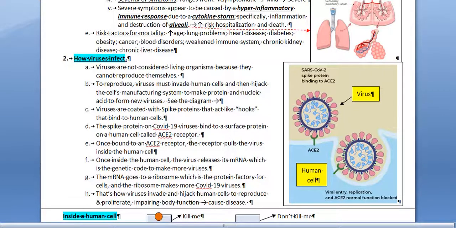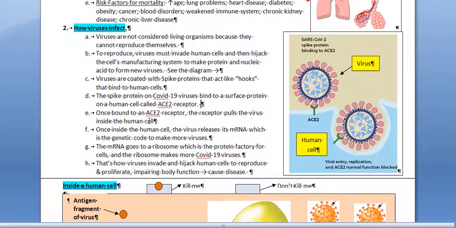The real function of the ACE2 receptor is to bind to a chemical in your body called angiotensin 2, and then pull that necessary chemical inside the cell. So basically, the COVID virus mimics angiotensin 2 and fools the ACE2 receptor into pulling it inside.